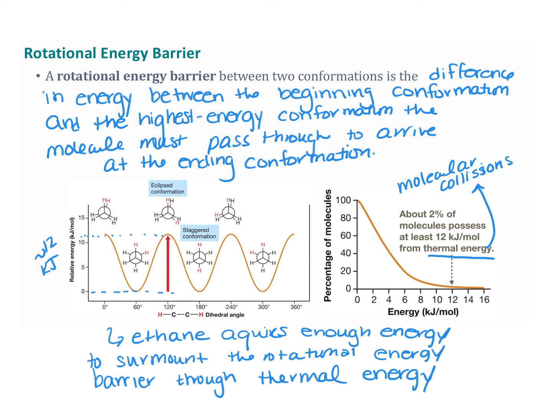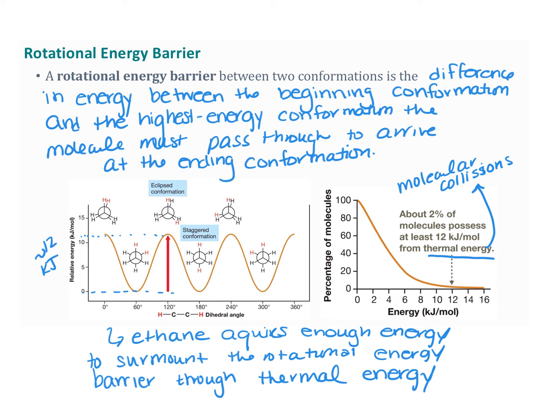That's obviously less than the 12 kilojoules per mole rotational energy barrier in ethane. But a fast interconversion from one staggered conformation to another doesn't require every molecule's energy to exceed the energy barrier simultaneously.